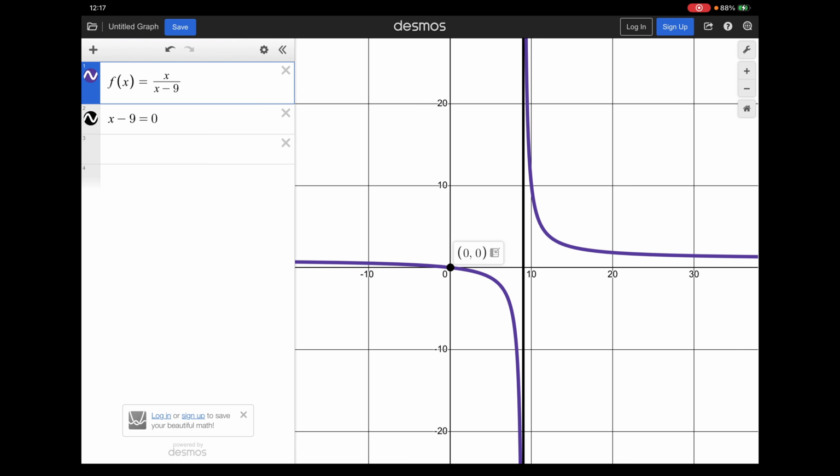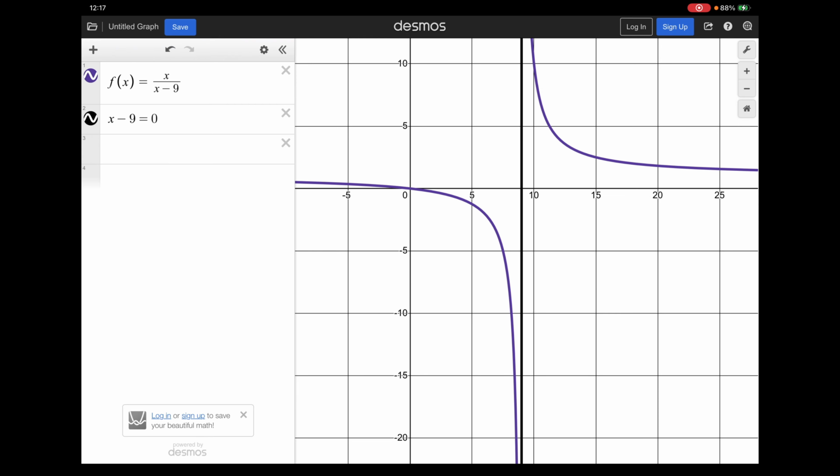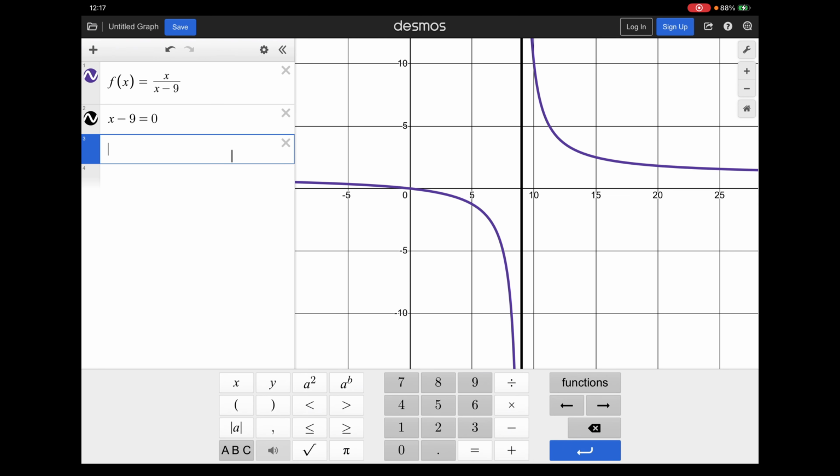Notice how the left end of the graph, as x is approaching 9, the function values from the left side, so 8.9, every time I get closer and closer to 9, my y values are getting smaller and smaller. You see? More negative, more negative.